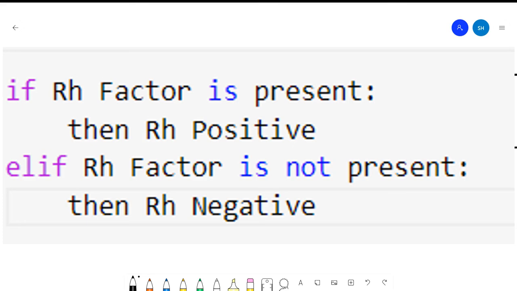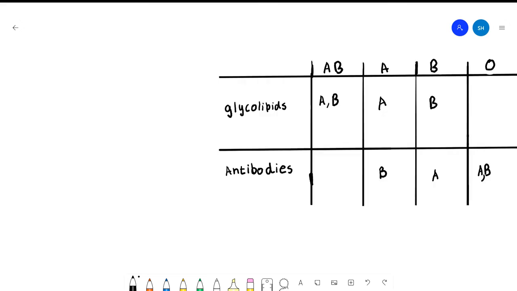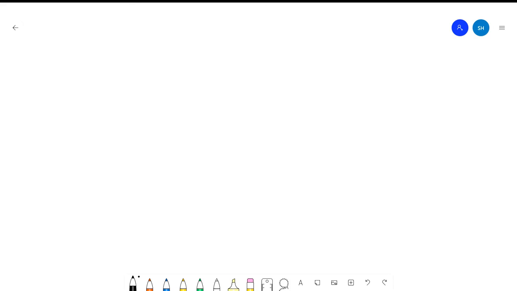And if you have the Rh factor, you have a positive blood group or blood type. And if you have no Rh factors, then you have a negative blood type. So that's the basic idea of how you get to know what blood type you have and if you're Rh positive or Rh negative. That was it for today's video.